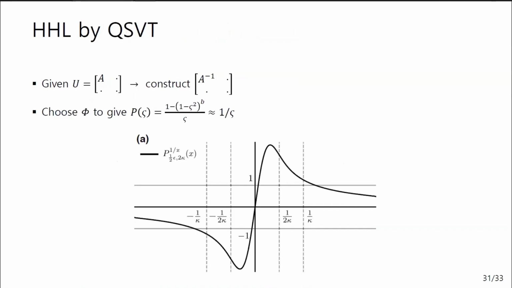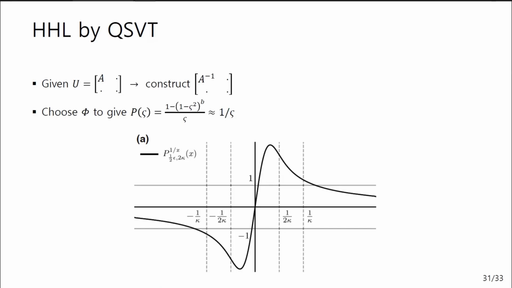And lastly, HHL by QSVT. HHL is the algorithm for linear systems, and we have to construct the inverse matrix of a given matrix A. Then we can choose phi to give the polynomial, which is 1 minus sigma squared to the power of b, over sigma. It is called the Moore-Penrose pseudo-inverse.